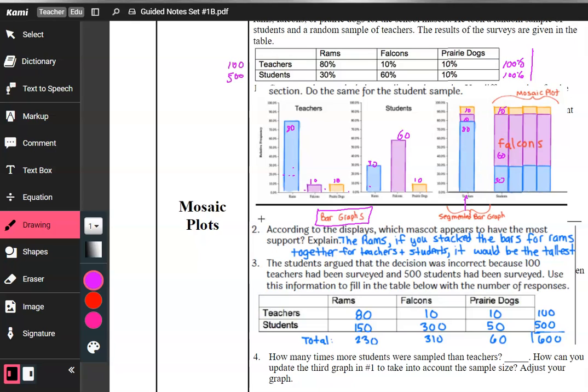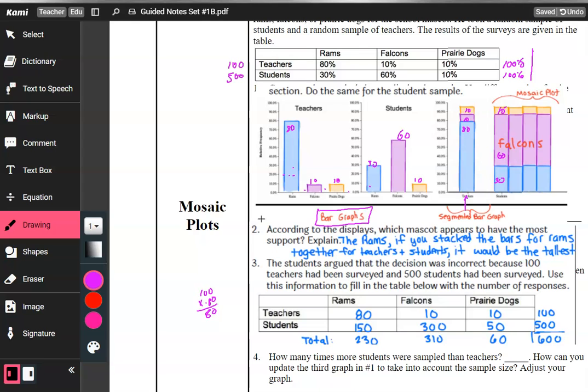So the way we get these numbers is, if there are 100 teachers and 80% of them chose Ram, that means 100 teachers times 0.80, that would be 80 teachers. Same thing for Falcons, 10 and then 10.